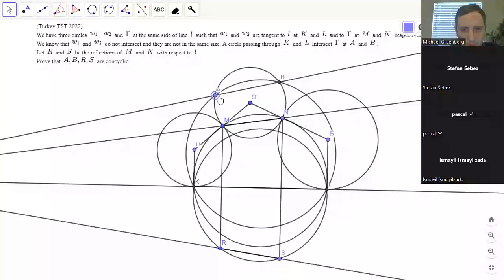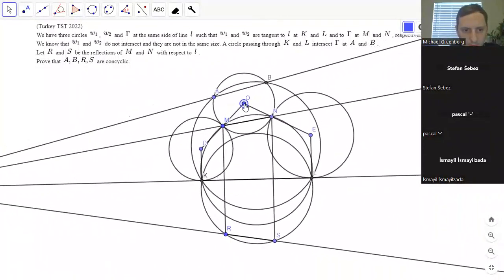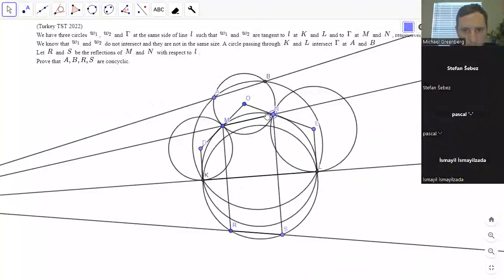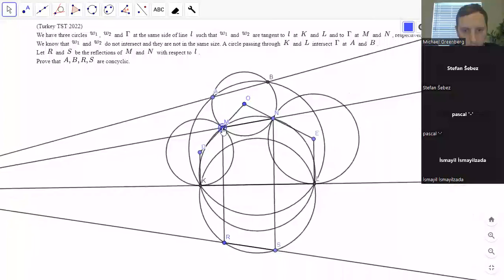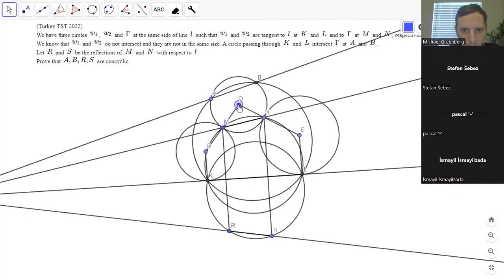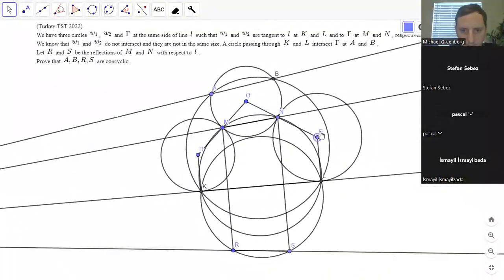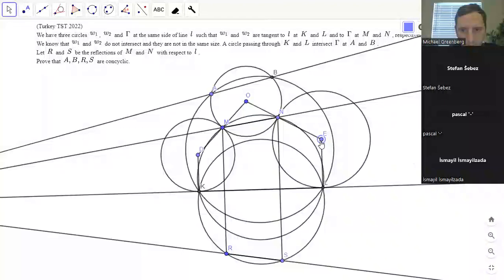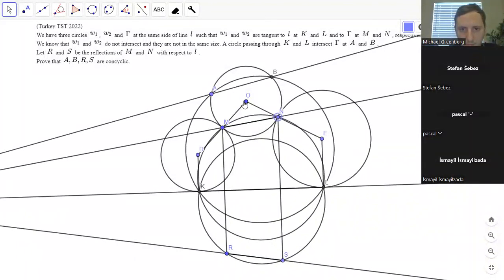Let's see. So let me just try to make the diagram a little bit easier. Let's see if I make EL, I want to make one of these.